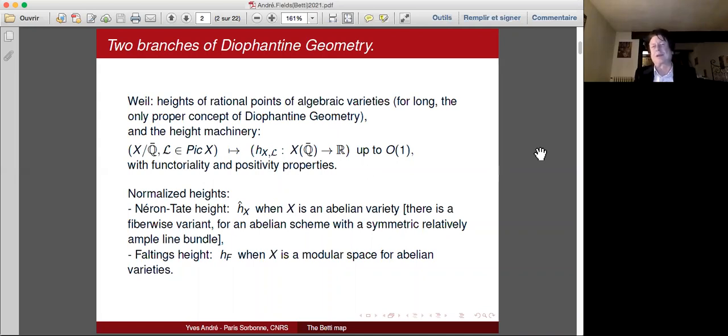And this notion remained for a long time the only proper concept of Diophantine geometry. And he introduced not only the concept, but also the machinery. So the machinery goes as follows.